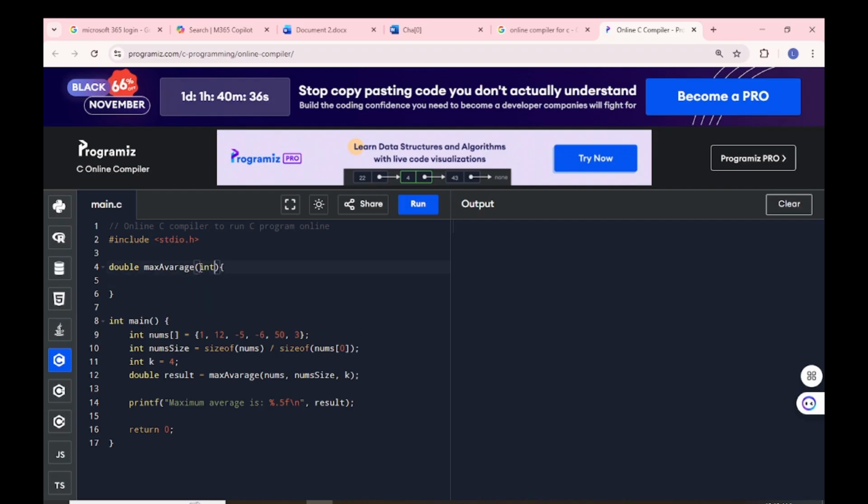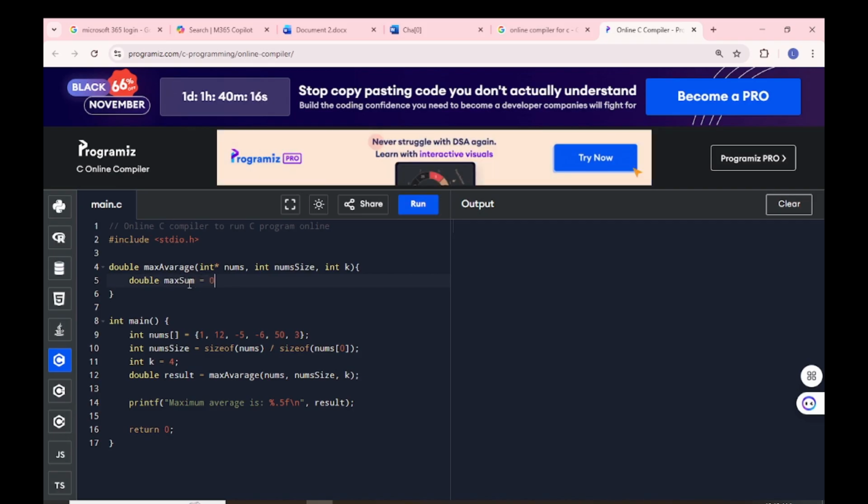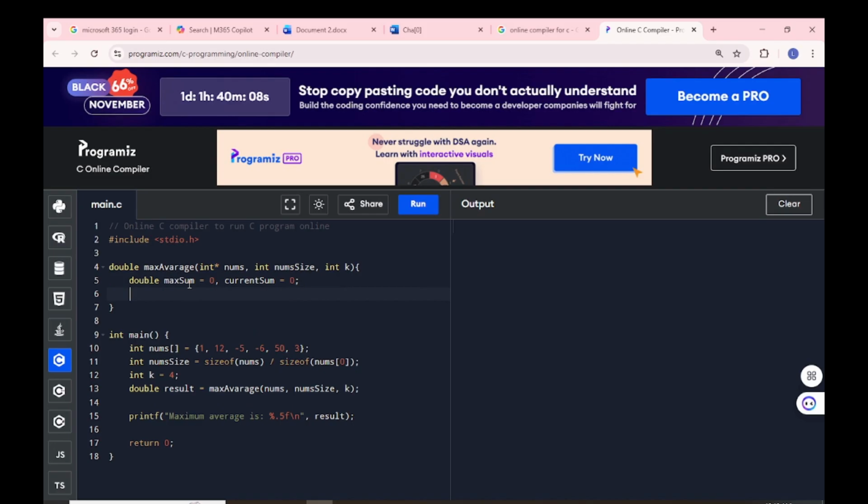Okay, integer nums, integer num size, and then integer k, right? Double max sum equals 0, current sum equals 0, right?